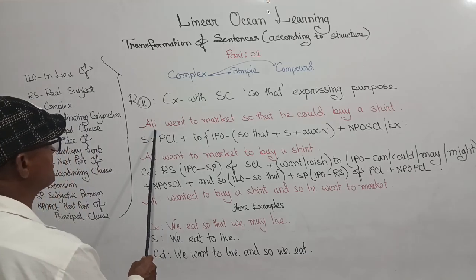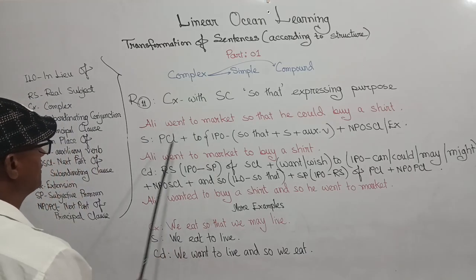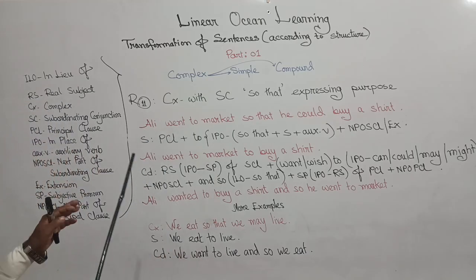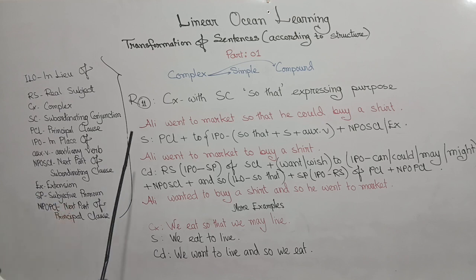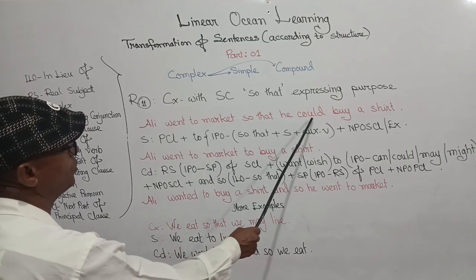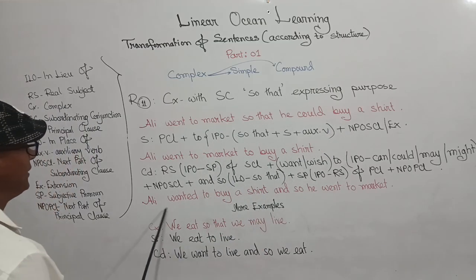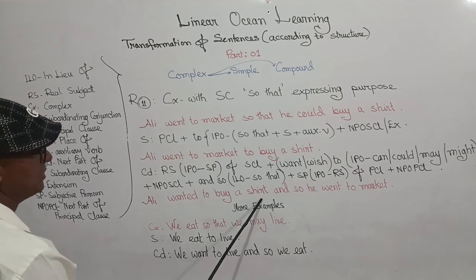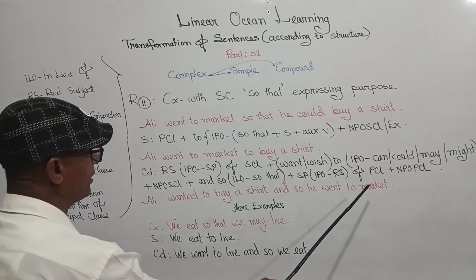In place of Ali it is he, then went to market. Let us repeat the sentences. First the complex sentence and the compound one. Ali went to market so that he could buy a shirt. Ali wanted to buy a shirt, and so he went to market.